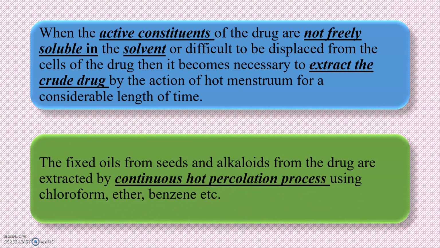The fixed oils from seeds and alkaloids from the drug are extracted by continuous hot percolation process using chloroform, ether or benzene, etc. Now let us see the apparatus that is used for extraction process.